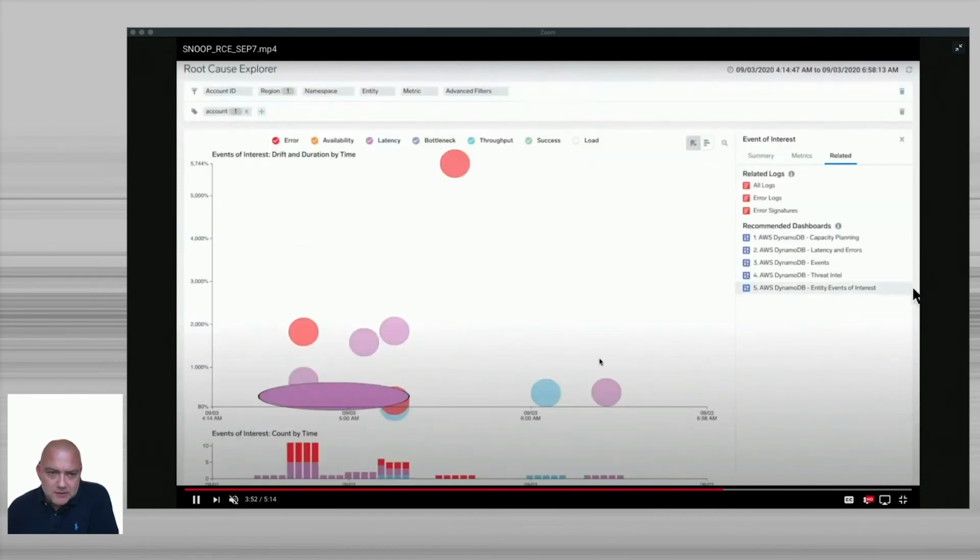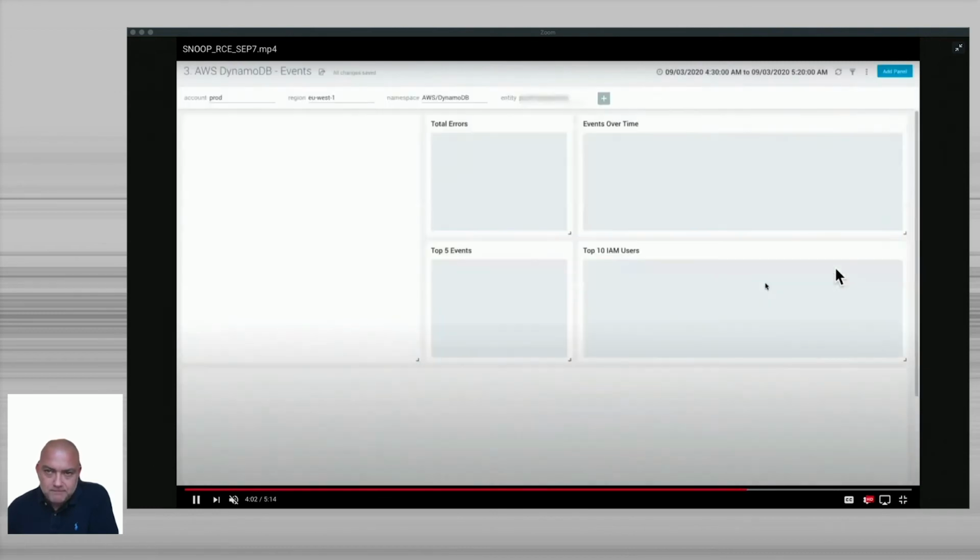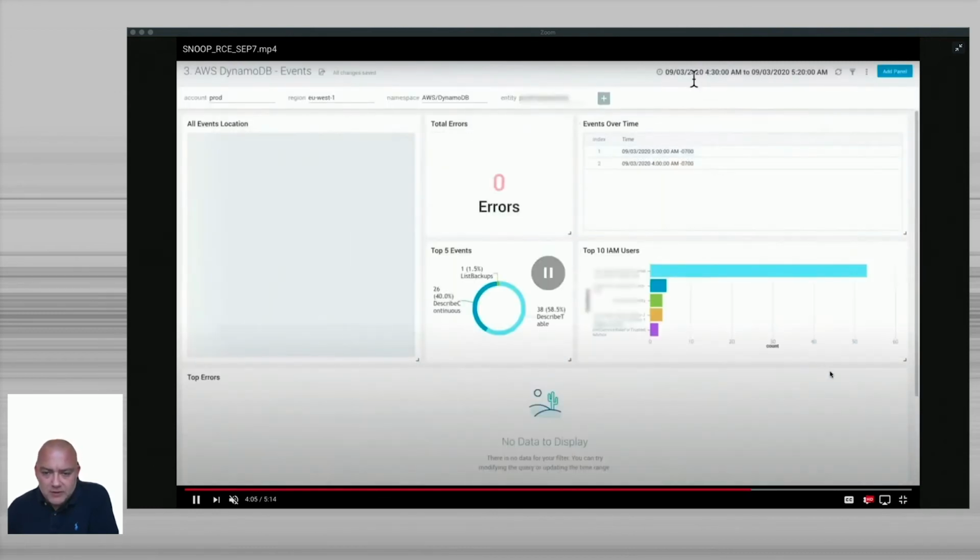So we can go back to the Root Cause Explorer. We can look at the events. We know for a fact that the context has been taken over like it has on all the other dashboards.